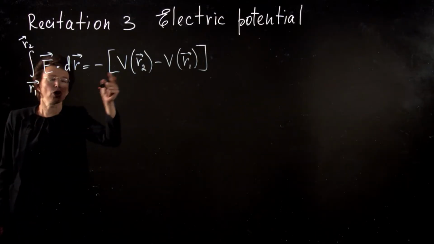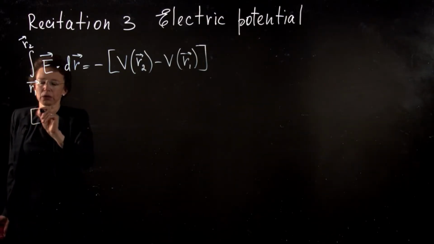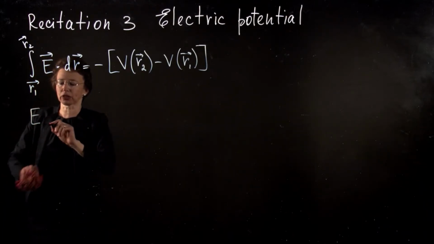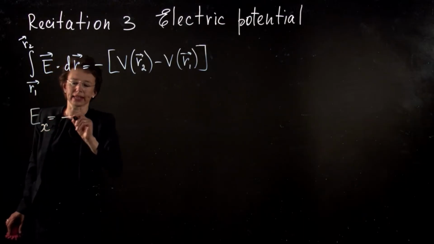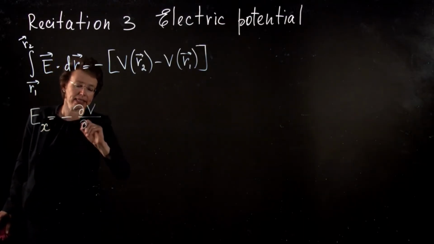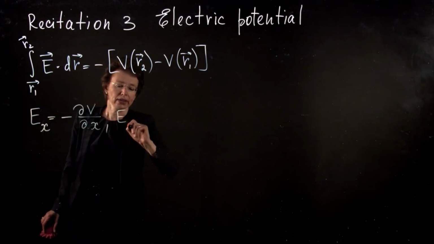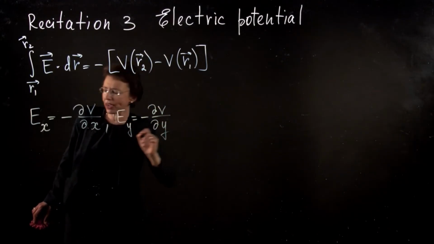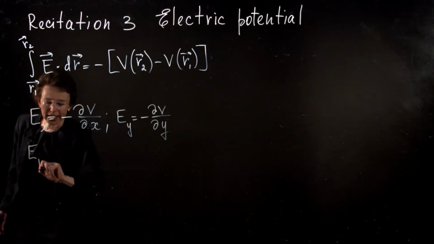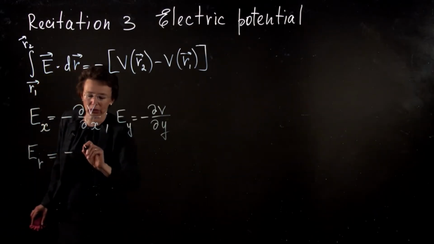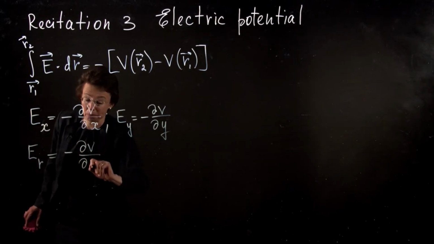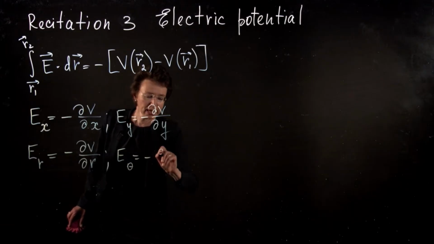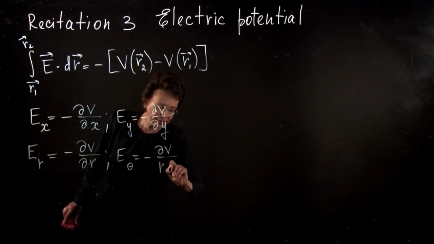If we know this scalar V, it's very powerful, because from this scalar we can retrieve both components of electric field. So I have Ex, that is minus dV dx. I have Ey, that is minus dV dy. And in polar coordinates, I have the radial component of electric field, minus dV dr, and E theta is minus dV over r d theta.